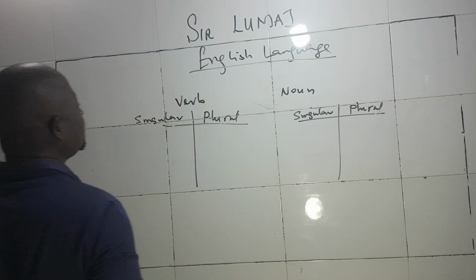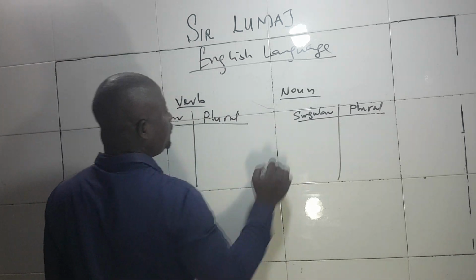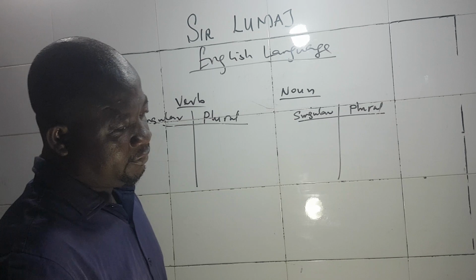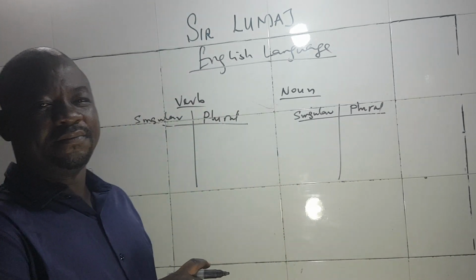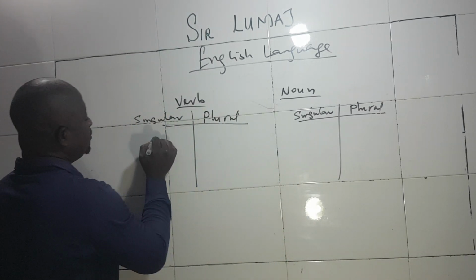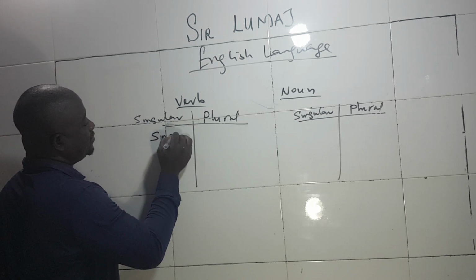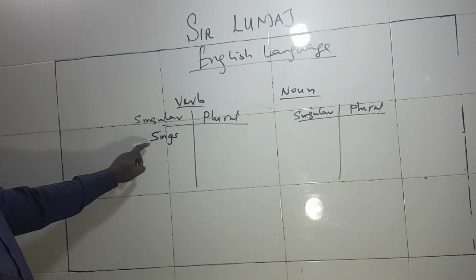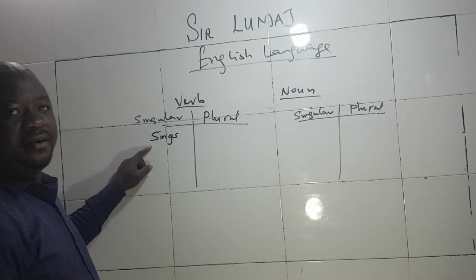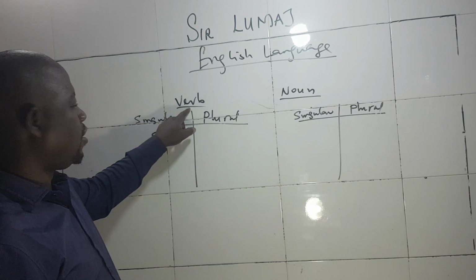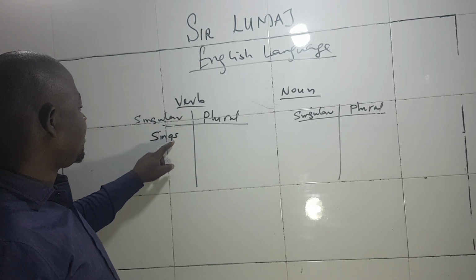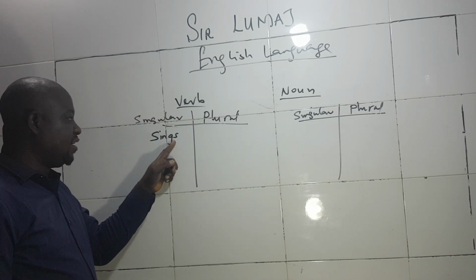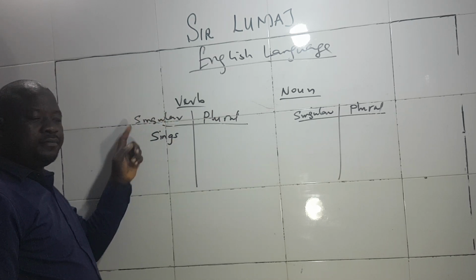So look at it. When a verb carries S, it is singular. For instance, if I say sings, you can see sing is a verb, but it's carrying S. It shows that sings is singular.